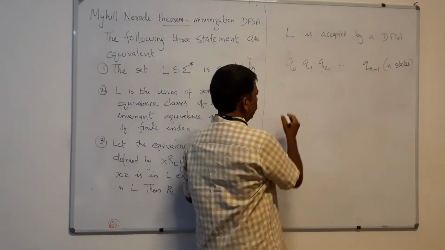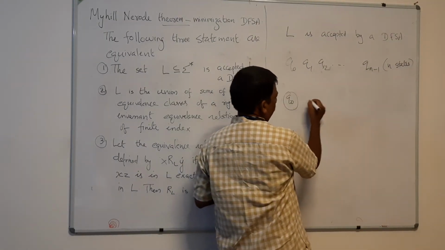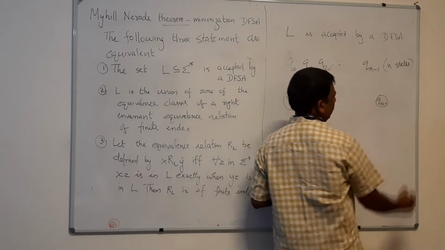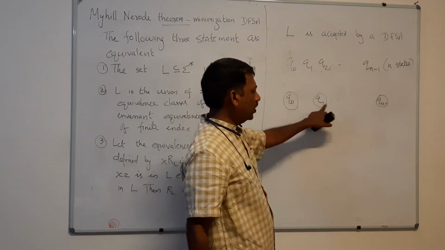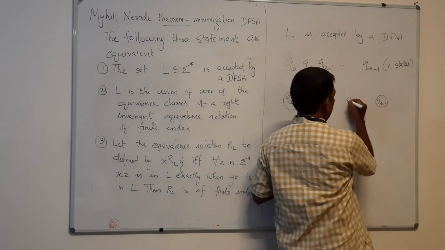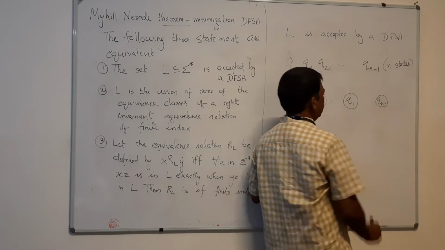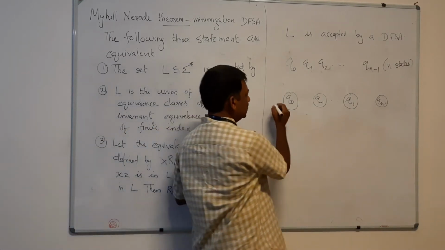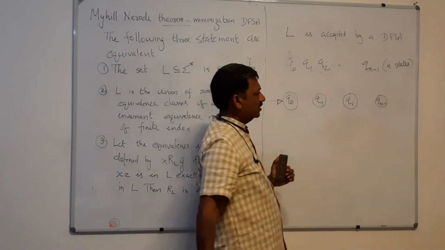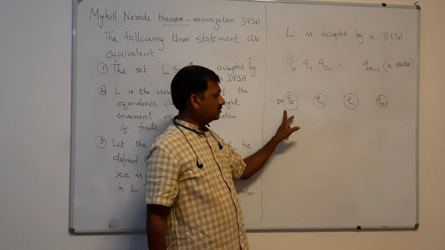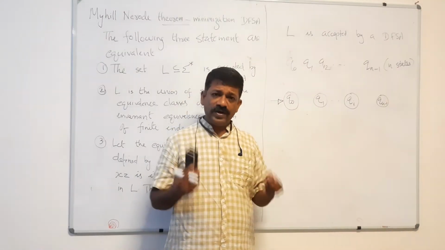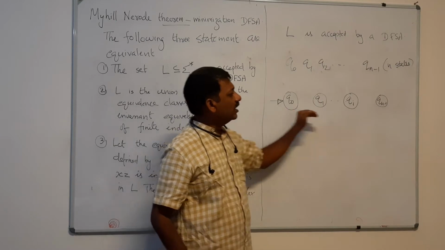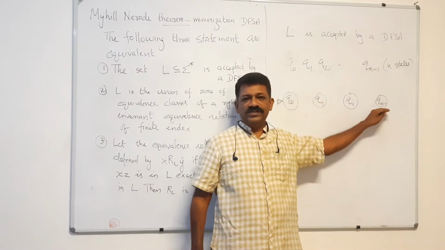That means q0, q1, q2, up to qi, qn minus 1. This is the start state. From this start state, you have an input alphabet, and after processing a string, the finite control will be in any one of these states.